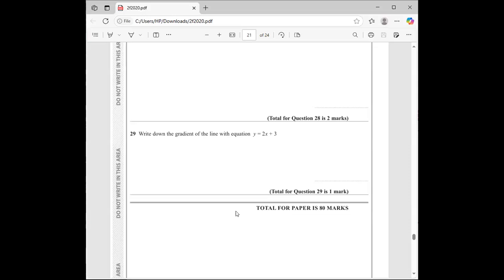So the m is the gradient. What do you think would be the gradient here? 2x. Just two. It's just the m, not with the x, okay? So the answer is two. Let me quickly put two there and we'll move on.